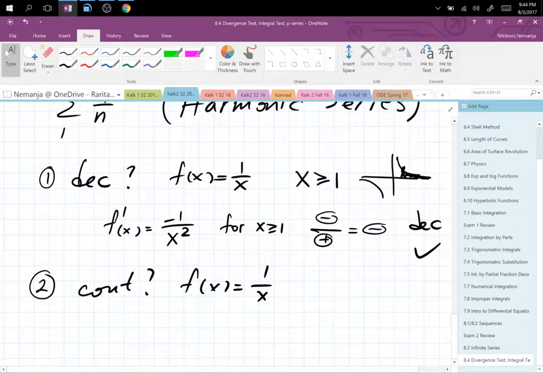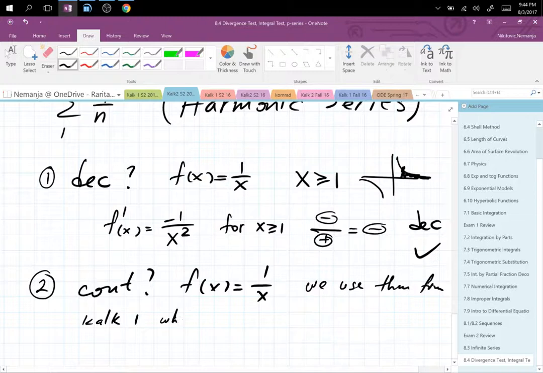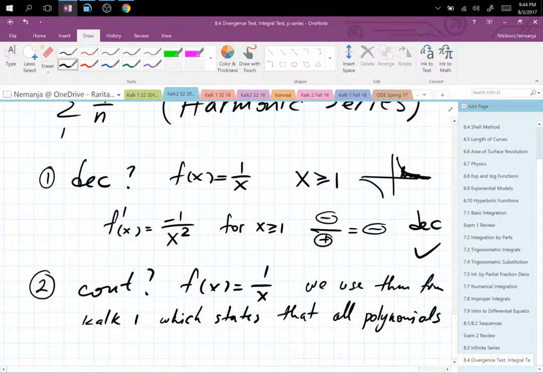So over here, we use a theorem from Calc 1, which states that all polynomials are continuous on the entire domain.